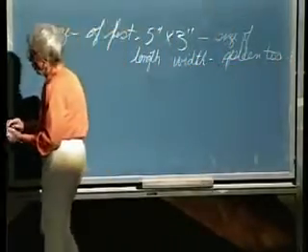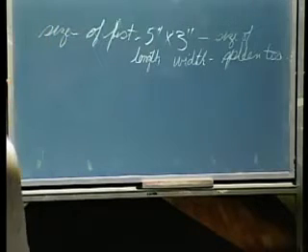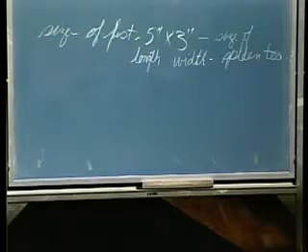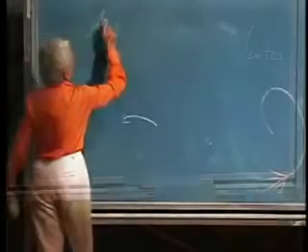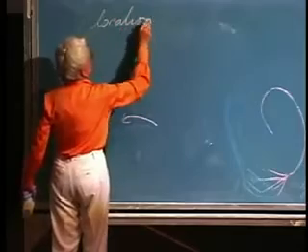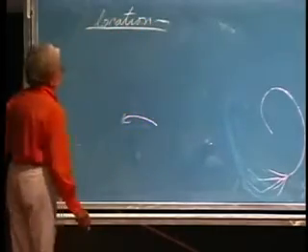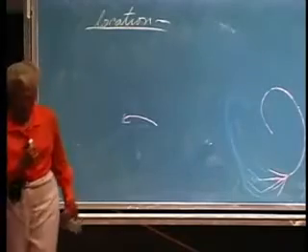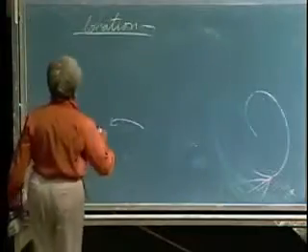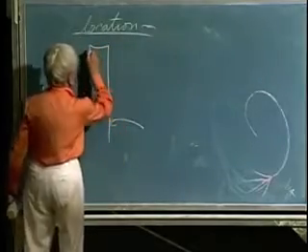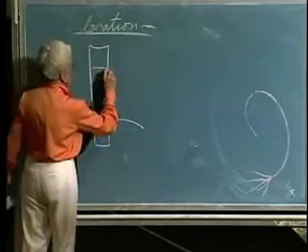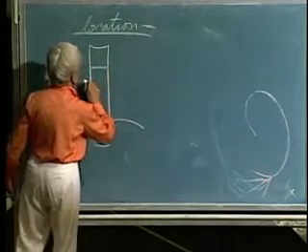So now, where is your heart? What is its location? Looks like our pink chalk is more permanent. All right, this is the location. I'm sorry, but it doesn't come off. We're going to find it posterior to the sternum. So let's put in our sternum with our sternal notch.